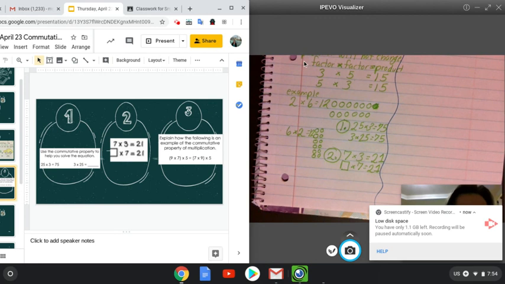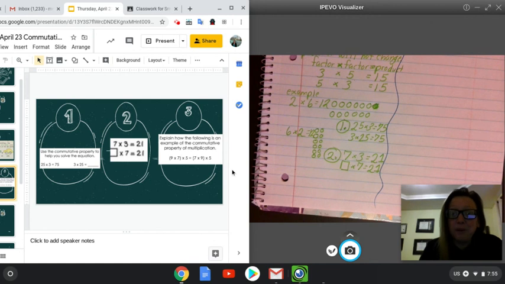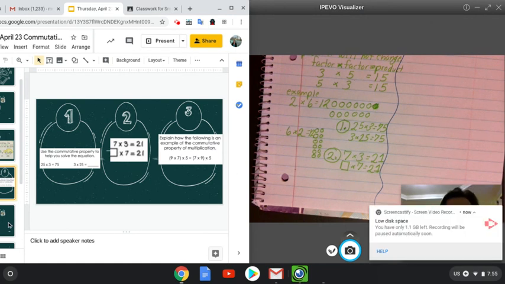All right, and explain how the following. Now this shows the associative property, but remember, it doesn't matter what order the factors are in, the product is still the same. Great job.